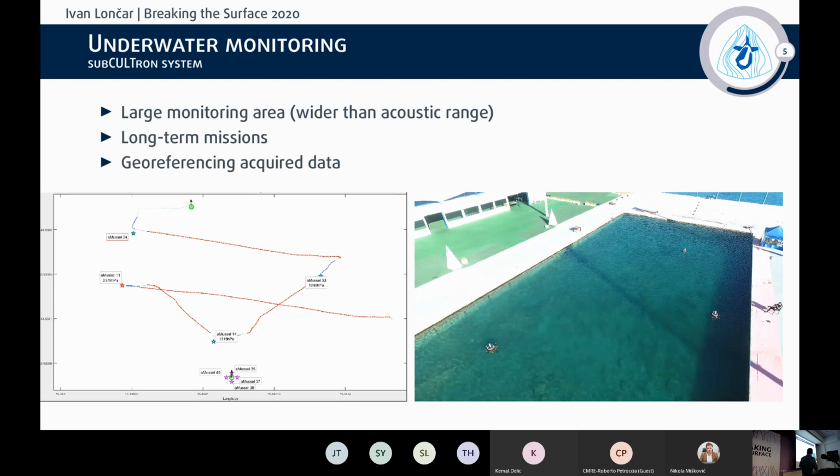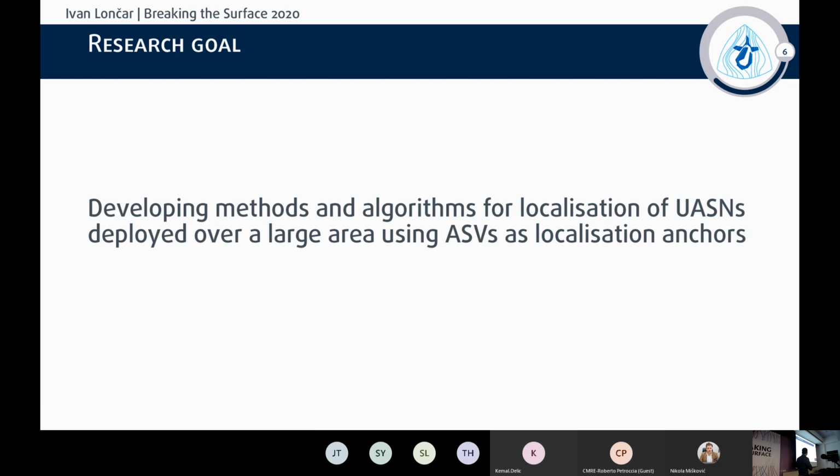And the most important part is to georeference the acquired data we collect during the mission. So my research goal is to develop methods and algorithms for the localization of underwater sensor networks using USVs.